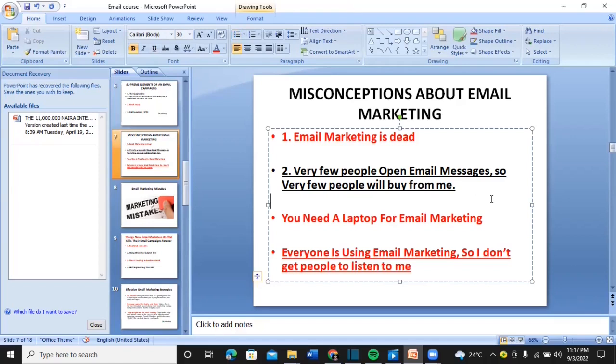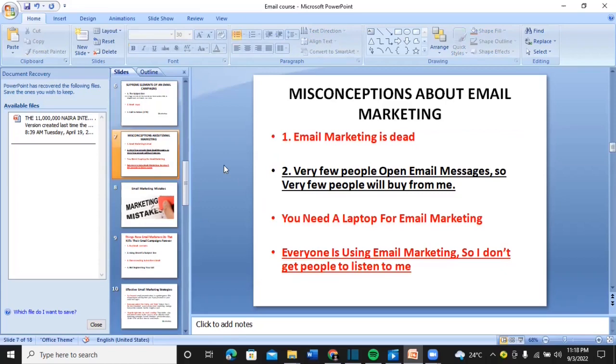Because though email marketing cannot have up to 90% open rate no matter what, people who opt in to receive your email are people who are ready to listen to you. And when they are ready to listen to you, they are ready to also buy from you. So that is just a misconception that many people have, that very few people open their email.